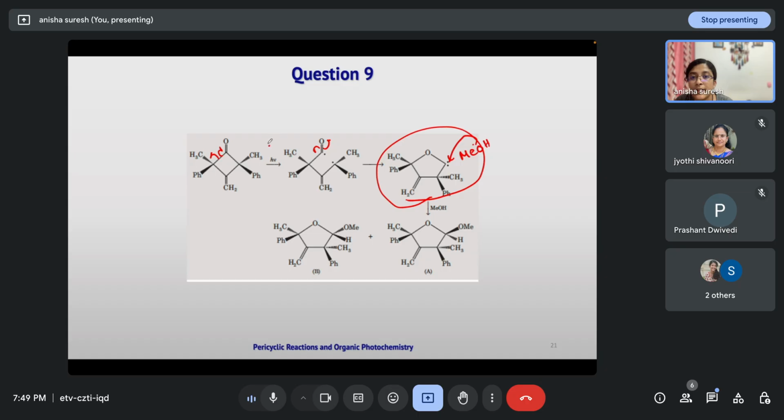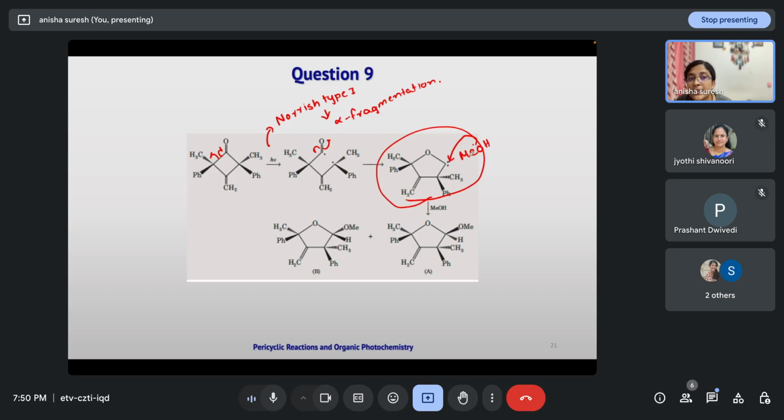So first here a Norrish type 1 sort of reaction is taking place, that is alpha fragmentation. Then this sort of homolytic cleavage will be taking place, leading to formation of a carbene sort of radical here and an O radical, and that will recombine with this tertiary radical, leading to formation of this.